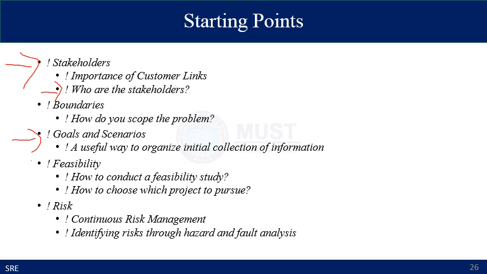And then you have to conduct the feasibility and the risk analysis, and there are different ways to conduct a feasibility study and how to choose which of the products to pursue from the feasibility study. Feasibility study refers to the application of any software product, and with each application there are several risks involved, and you have to employ a continuous risk management process, and you have to identify risk through hazard and fault analysis.